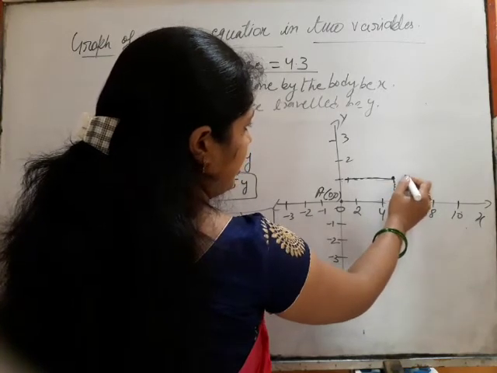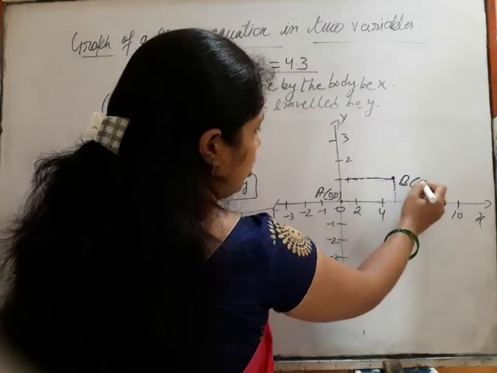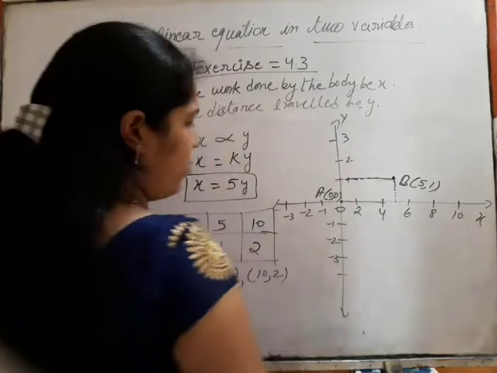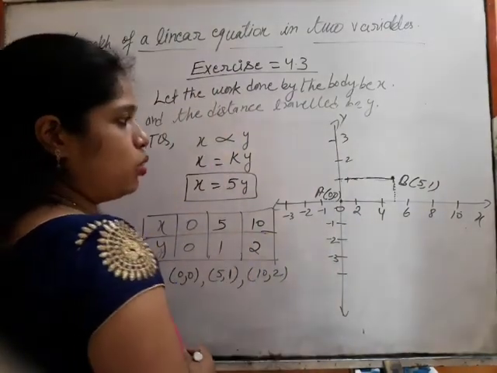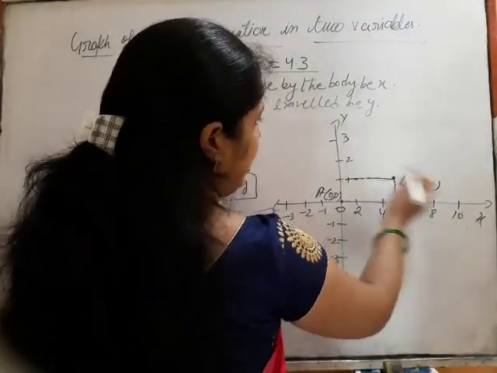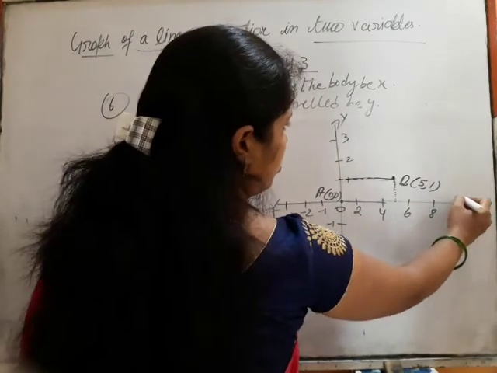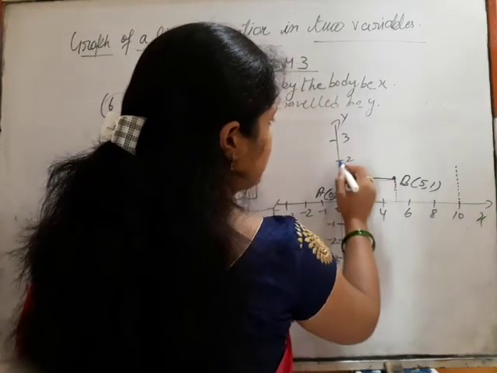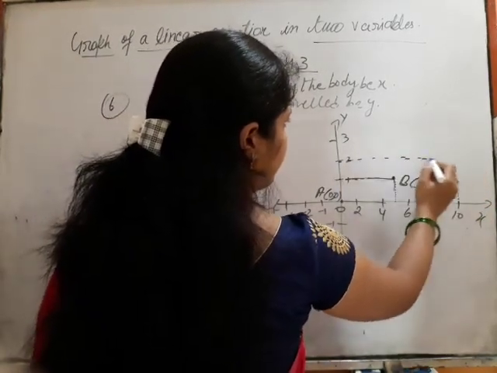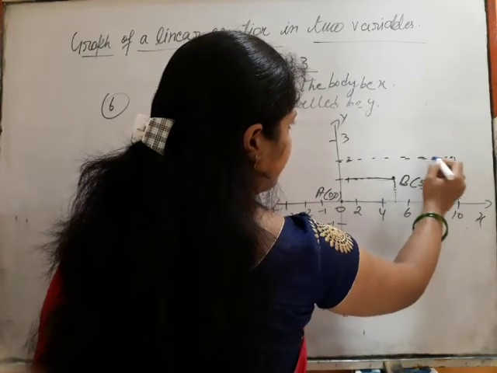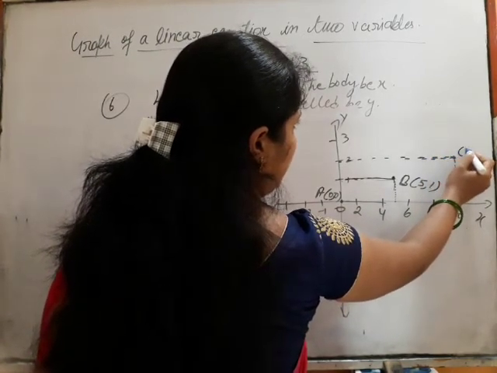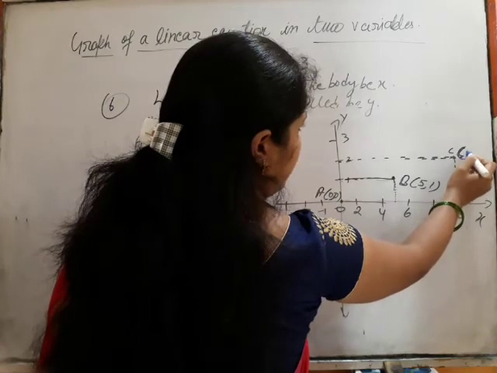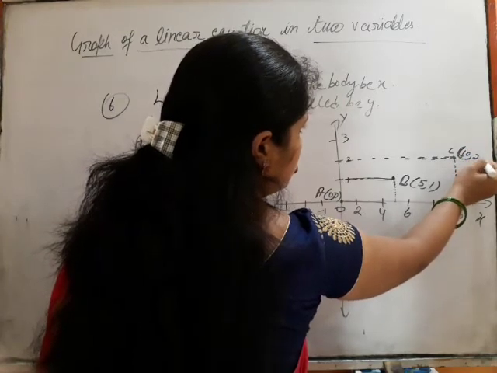Suppose this point we are getting as B, whose coordinates are 5 and 1. Okay. The next is 10 and 2. The value of x is 10 and the value of y is 2. Let us draw the perpendiculars like this. So this is point C, whose coordinates are 10 and 2.